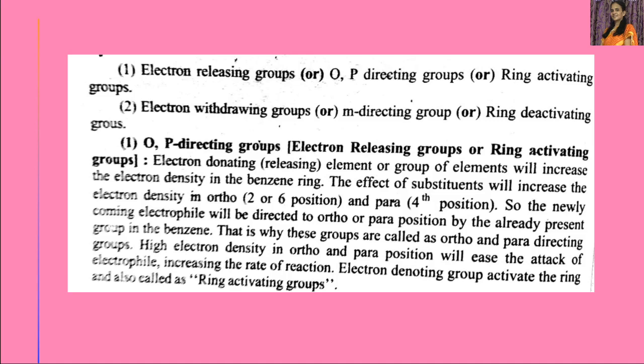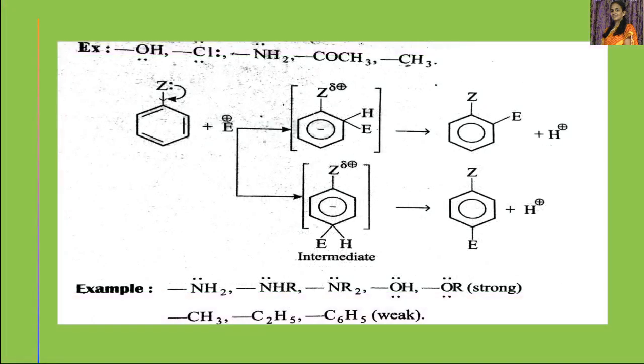Now, what are the examples of ring activating groups? We can observe here: OH, hydroxy group; Cl, chloride, that is halogen; NH2, amino group; COCH3, acyl group; and methyl group or R group, alkyl group, such as C2H5, CH3, etc. These are the groups which increase the electron density in the benzene ring, and they activate the ring.